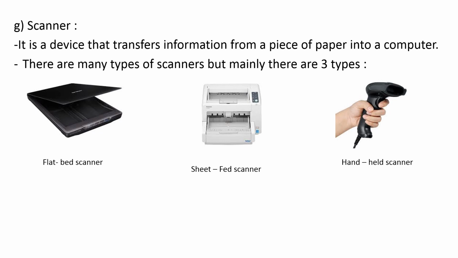Now the third type of scanner is the handheld scanner, which means you can scan a document using a handheld device. It is not as widely used as the flatbed scanner. These handheld scanners are expensive also, and convenient for capturing only a small amount of text.